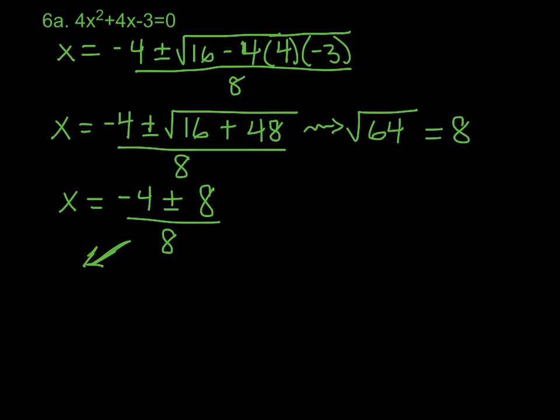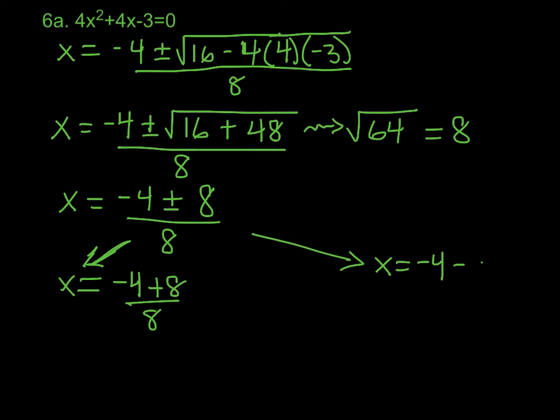Okay, so we're going to get x equals negative 4 plus 8 over 8. And then over here, I'm going to get x equals negative 4 minus 8 over 8.